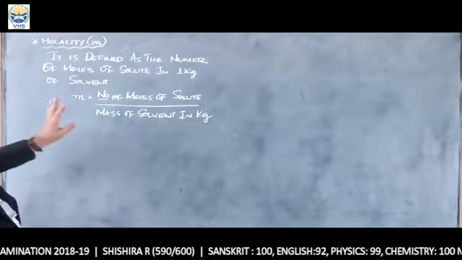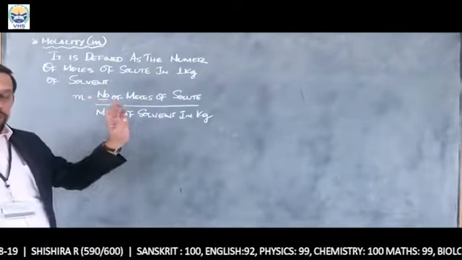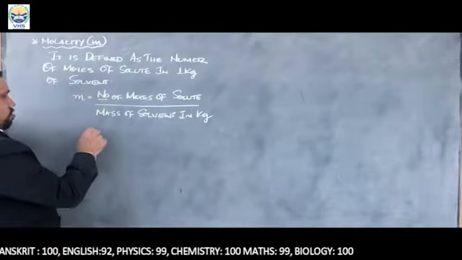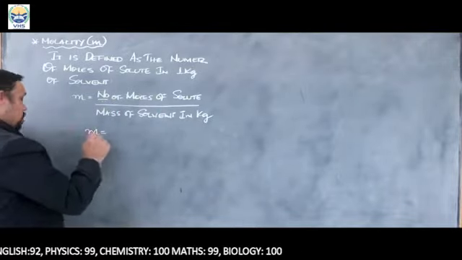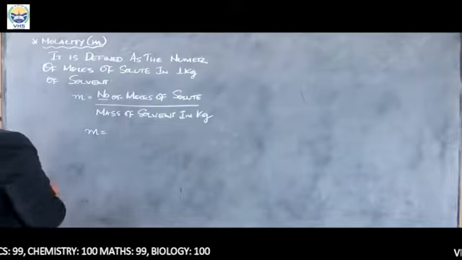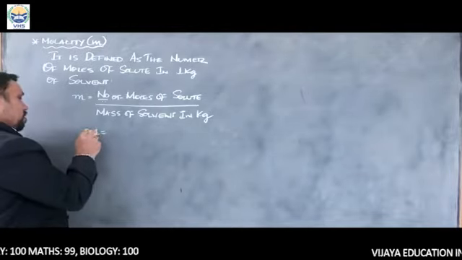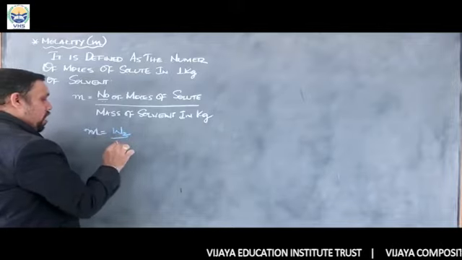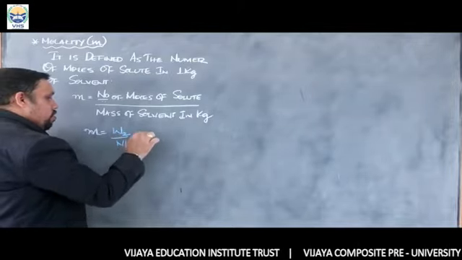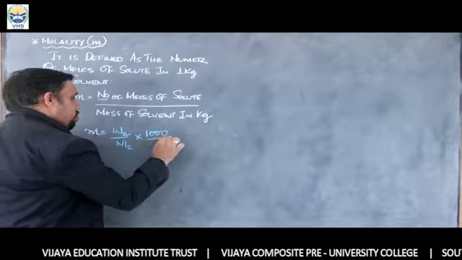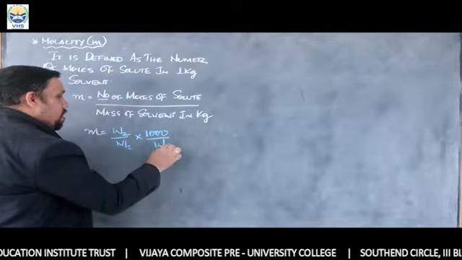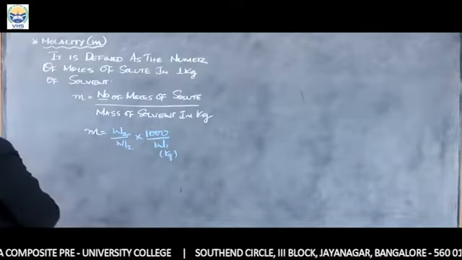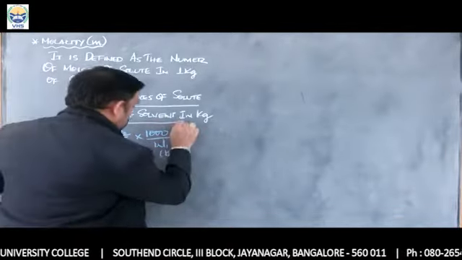You should be a bit careful with respect to molarity and molality. In both cases you can use the same formula, m is equal to W2 by M2 into 1000 by W1. So this will be in kg. Either it can be grams or kilograms.